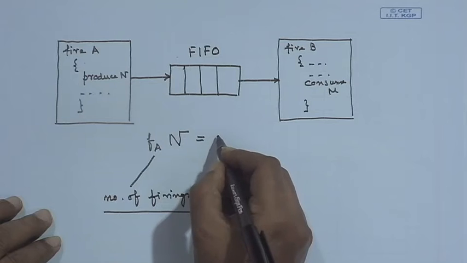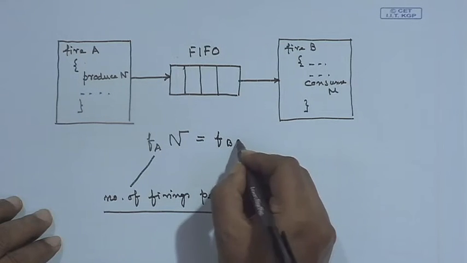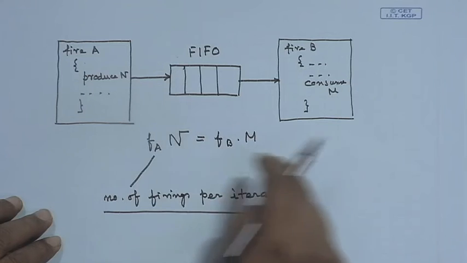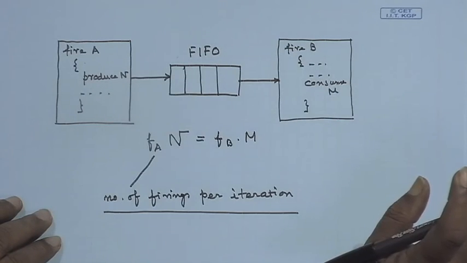This must be equal to f b m. If this condition is satisfied, then there will be a balance.